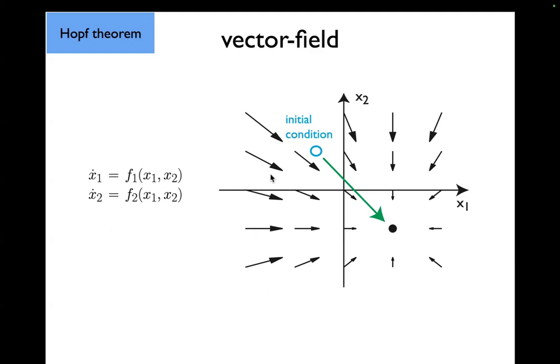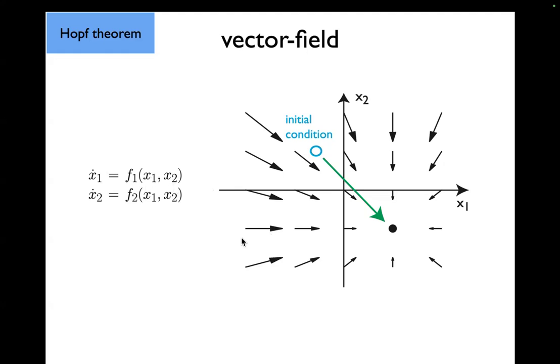So the vector field notion is quite intuitive. That is, for any initial pair of values, x1 and x2, the future is uniquely determined. You could say that these rates of change are little vectors that show in which direction you're moving. So for instance, here, if at every point I plot a vector, f1 and f2 have the same dimension as the underlying space, x1, x2.